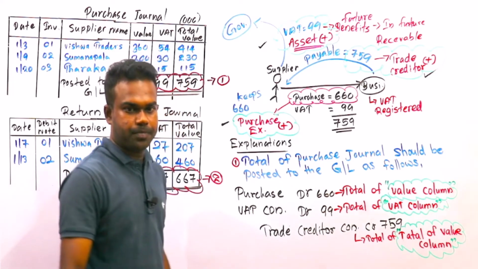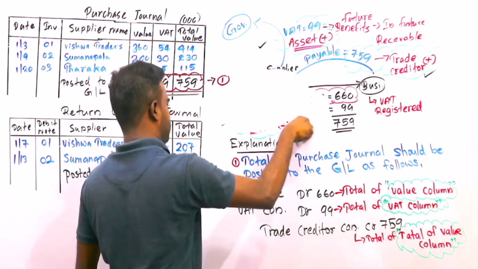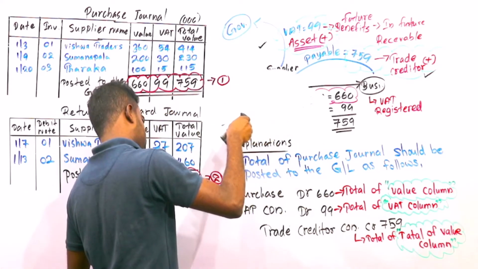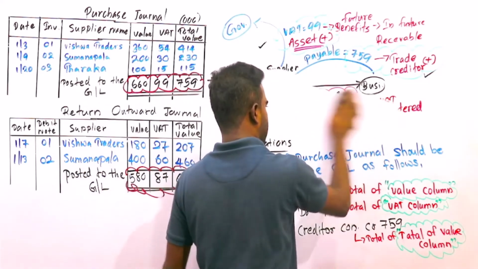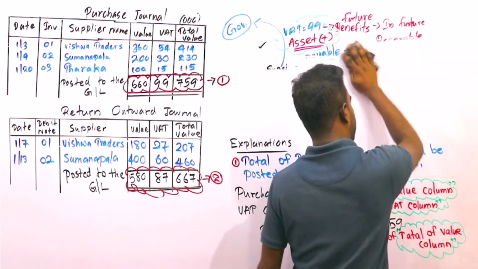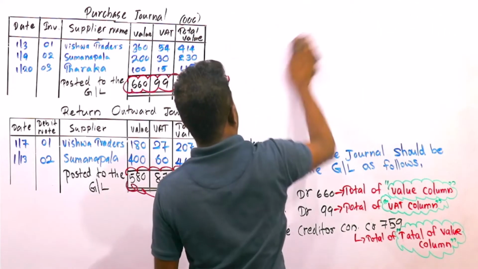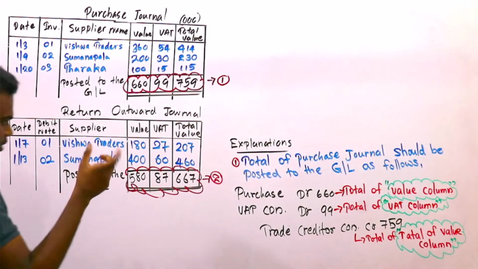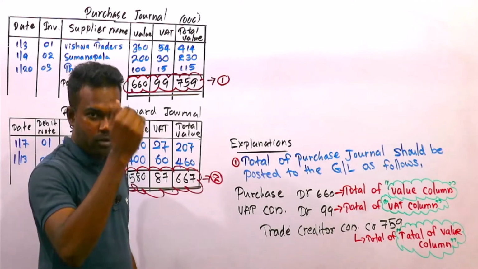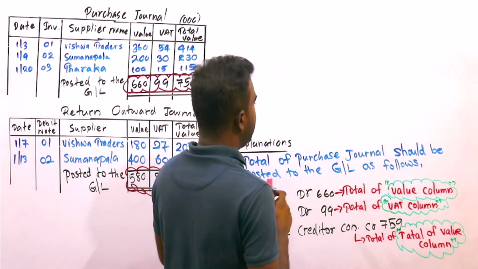Okay, right. Now we kept an empty page for the general ledgers, and in the general ledgers we have to record in T accounts also, right?